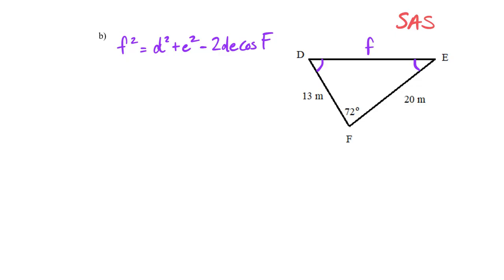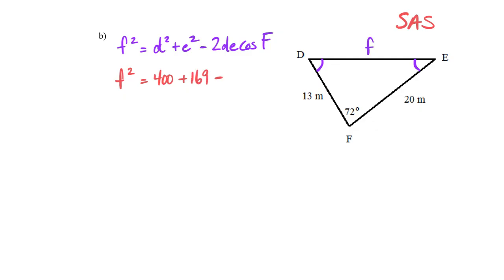What I'm going to do is jump to the line that I think should be your first line. Okay, I do not know what F is. Maybe I keep my squared in there. I can calculate my D, my 20 squared, 400. I can calculate my E squared, 13 squared, 169.